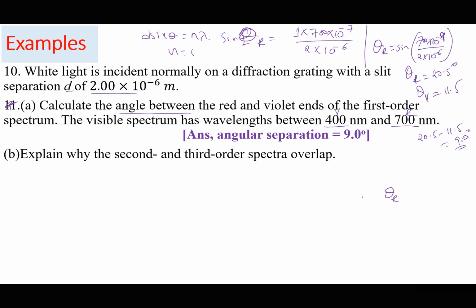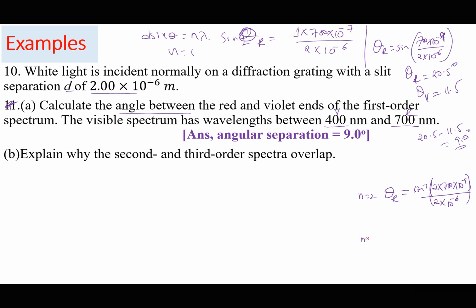Theta for red when n equals 2 is going to be equal to, I'm substituting the equation n lambda, so it is going to be sine inverse of n, which is 2, times wavelength, which is 700 times 10 to the power of minus 9, divided by 2 times 10 to the power of minus 6.